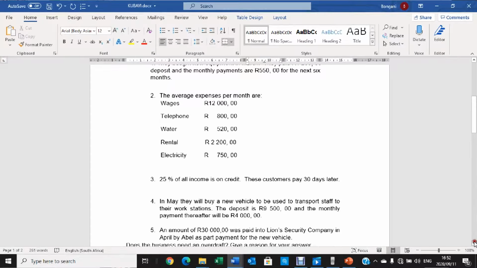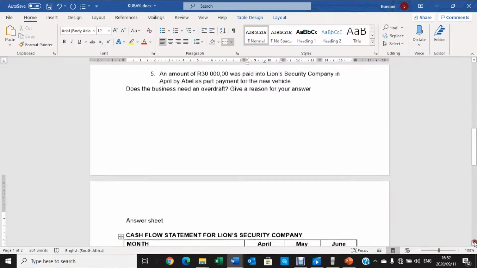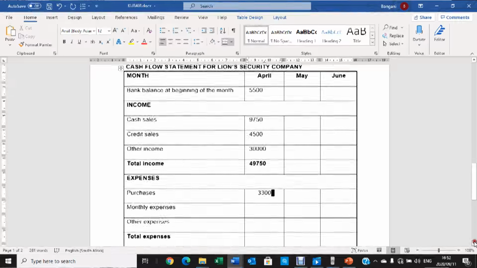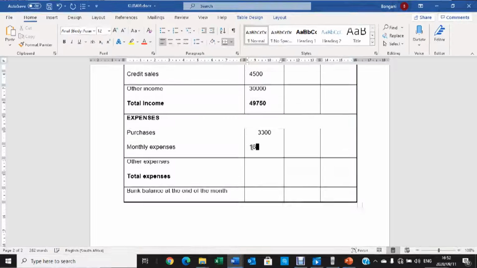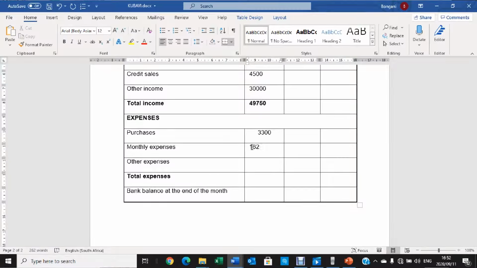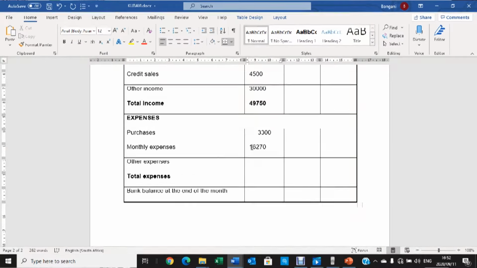And then we go back again to our addendum and record the 16,270 as our monthly expenses.